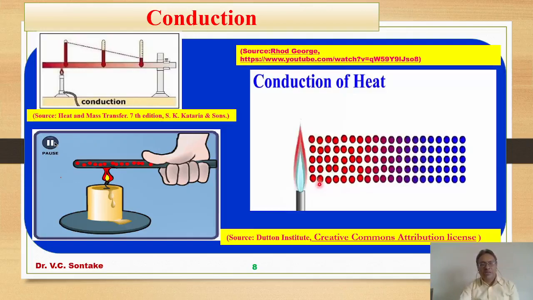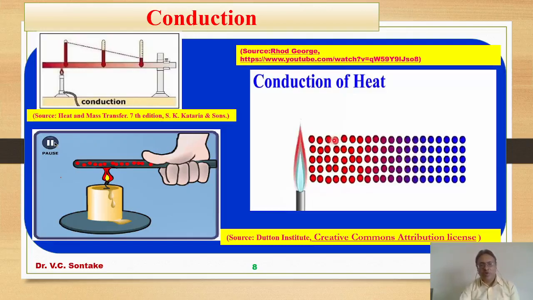So, the second column of molecules will also become heated. They will also come into the state of agitation, start vibrating, and collide with the neighbor particles on the right hand side, and will transfer some amount of heat to them. And the third column of molecules will also become heated.